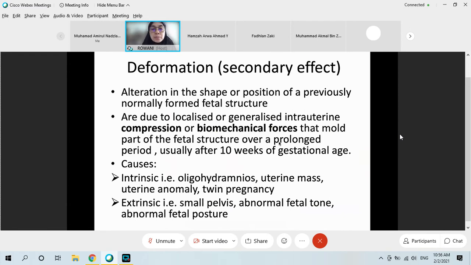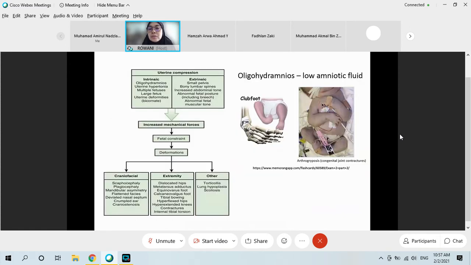I'll give you an example. Here is a situation where you see that the hand and the foot of this child are deformed, isn't it? That's because in this child, the mother has low amniotic fluid. In other words, in the uterus the space is very restricted because of the low amniotic fluid. The child is positioned in that position over a long period. He can't move because there's not enough amniotic fluid, and eventually he is born deformed like this.